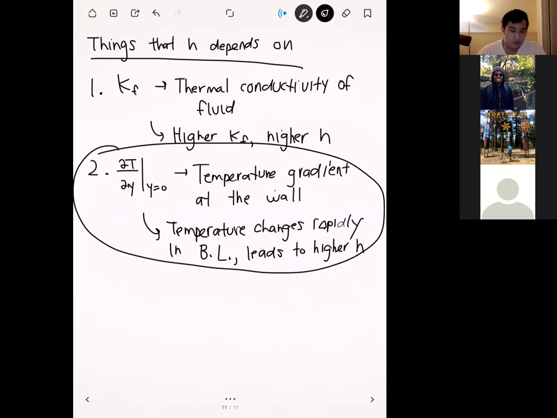And so now that we've taken our first steps in understanding H, it's useful to take a step back and remind ourselves of what we define convection to be.